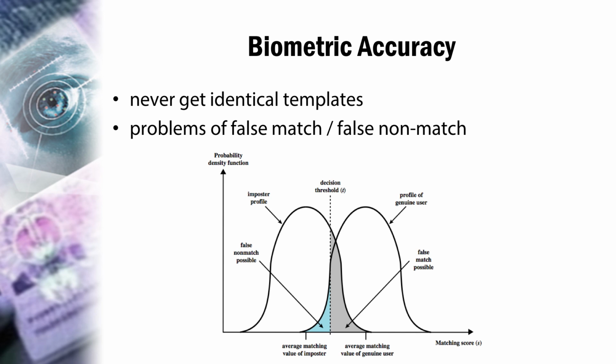The area of each shaded part represents the probability of a false match or non-match, respectively. By moving the threshold left or right, the probabilities can be altered, but note that a decrease in false match rate necessarily results in an increase in false non-match rate, and vice versa.